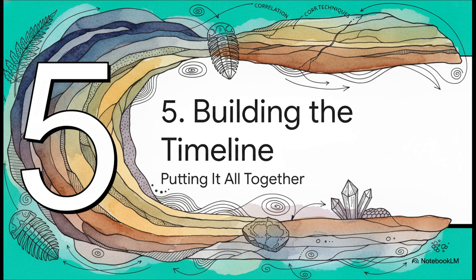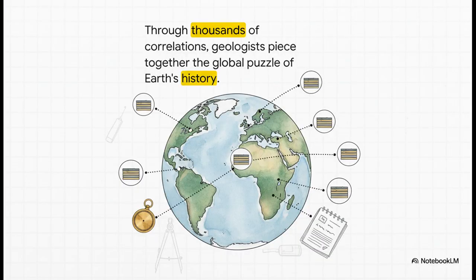By applying these correlation techniques, with rocks and with fossils, thousands of times all over the globe, geologists have solved the biggest puzzle of all, the complete history of Earth. And I'm not just talking about one match in one canyon. We're talking about thousands upon thousands of these correlations made by geologists all over the world for more than 100 years.